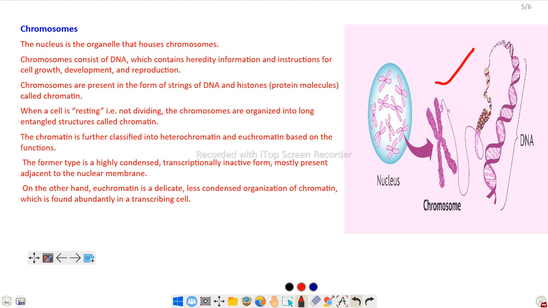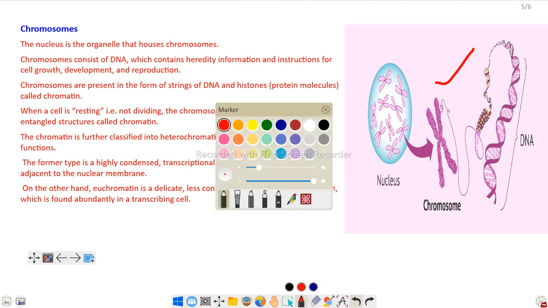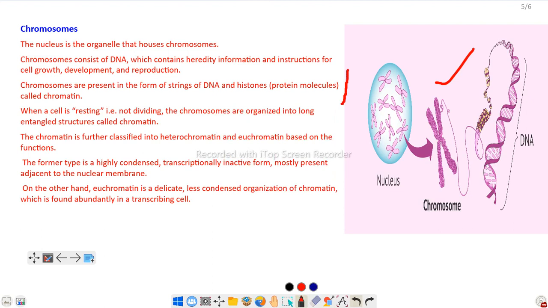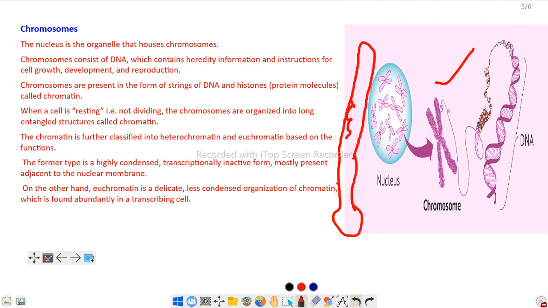Inside the chromosomal arm, the chromosome has a primary constriction, then a secondary constriction, and here is the telomere, where end replication problems occur.